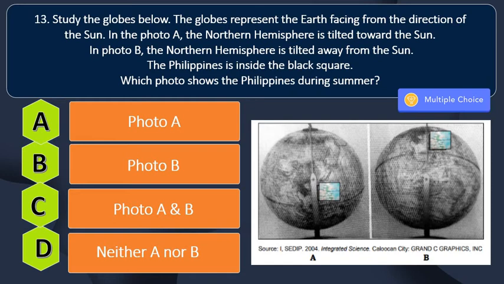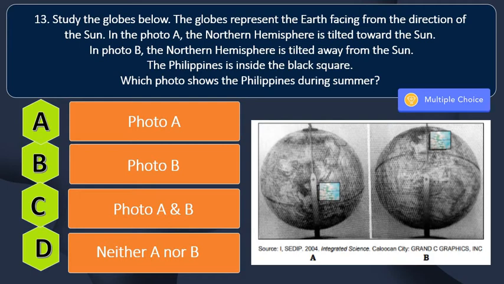Study the globes below. The globes, or the picture of the globes, are on our right side. The globes represent the Earth facing from the direction of the Sun. In photo A, the Northern Hemisphere is tilted toward the Sun. In photo B, the Northern Hemisphere is tilted away from the Sun. The Philippines is inside the black square.